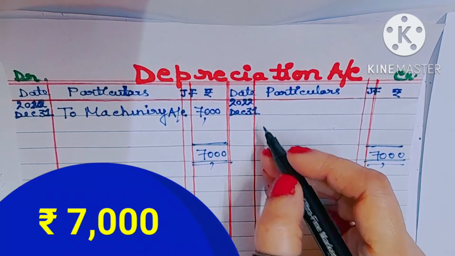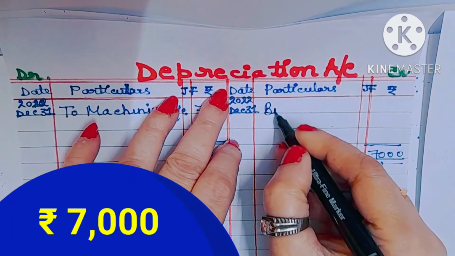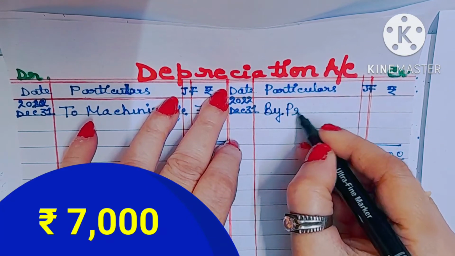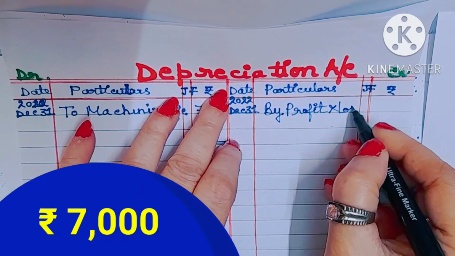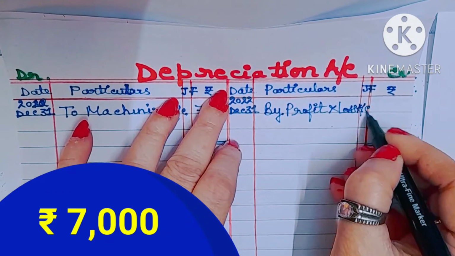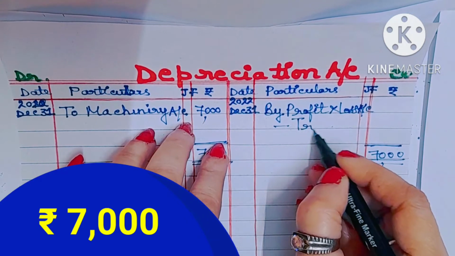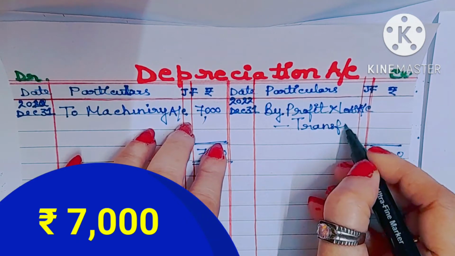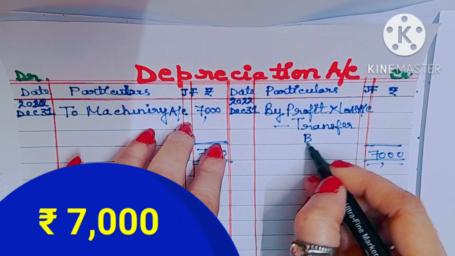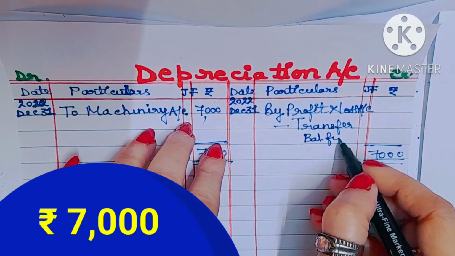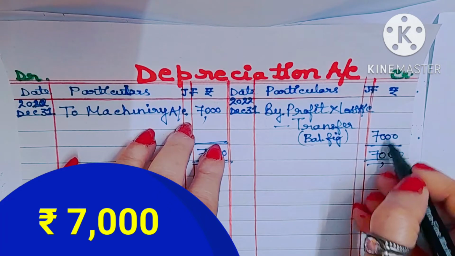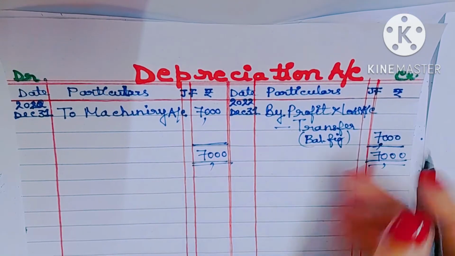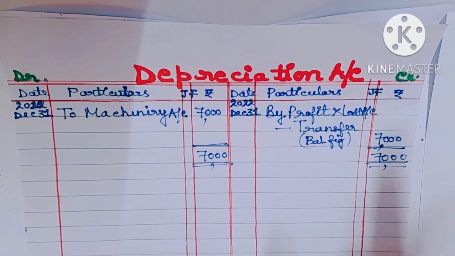So we'll have to write by profit and loss account transfer. This is balancing figure, 7,000. How are we getting 7,000? 7,000 minus 0, 7,000. Understood?